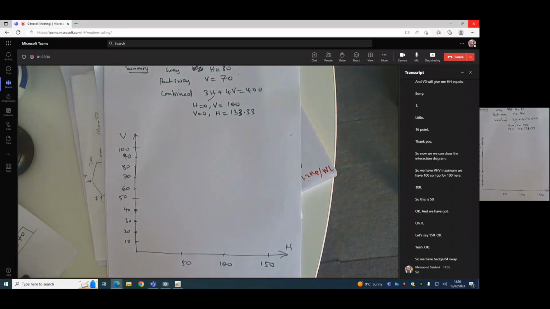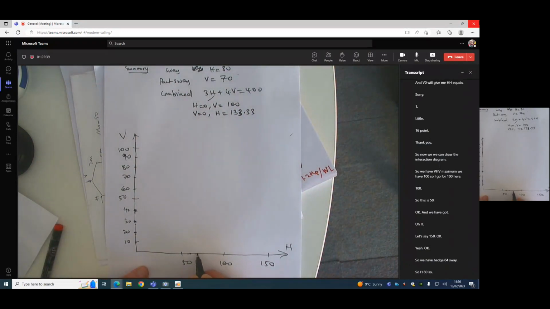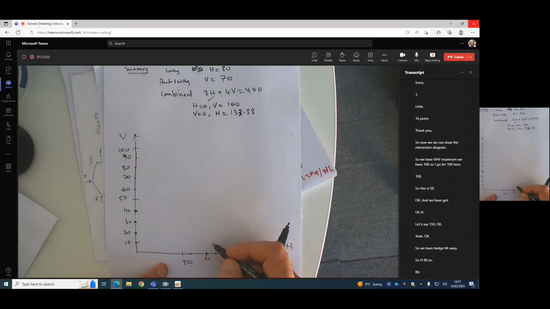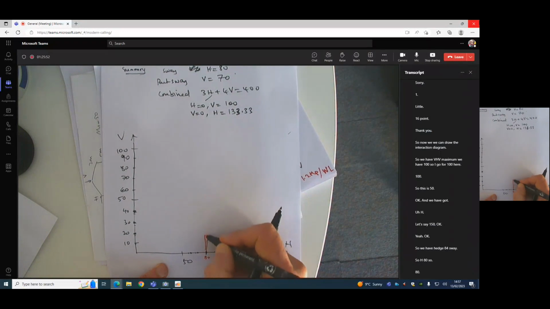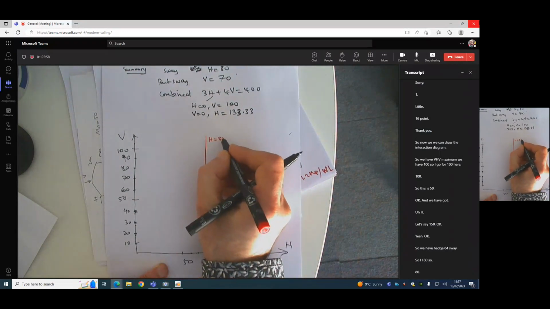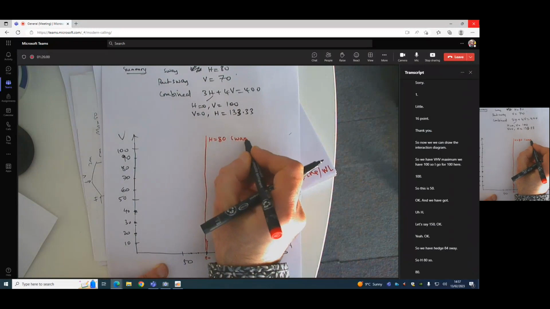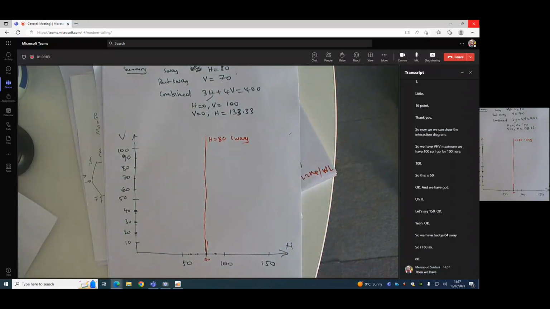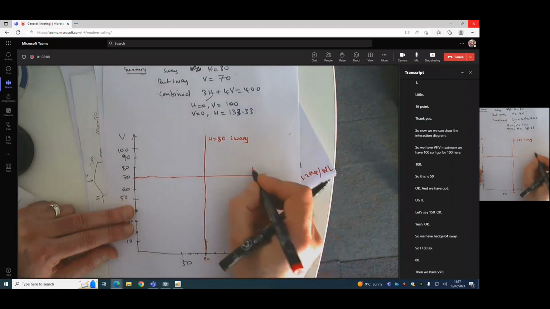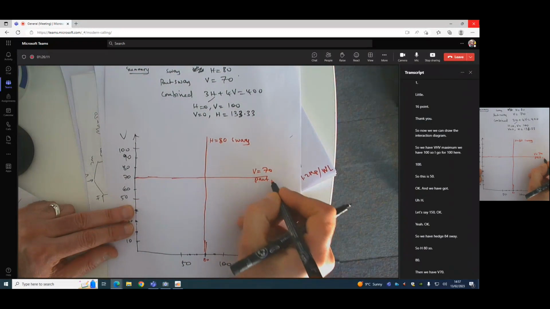So H80, so 80. Then we have V70. Part sway.